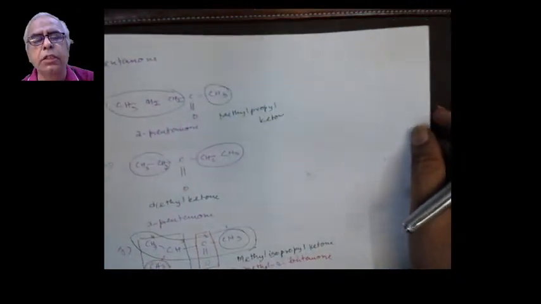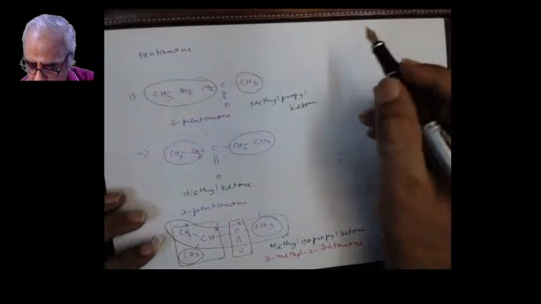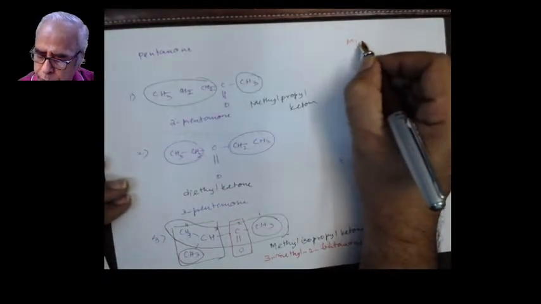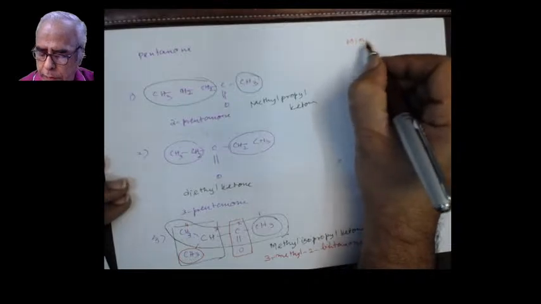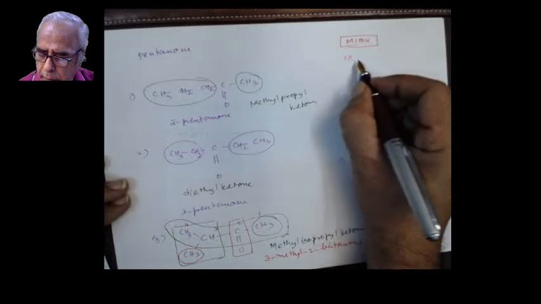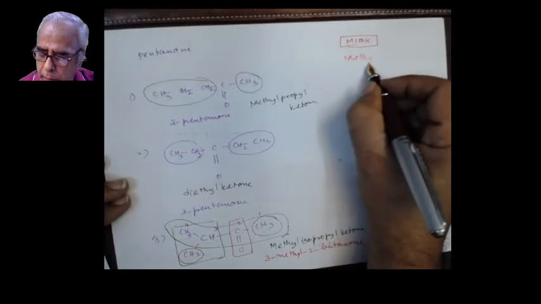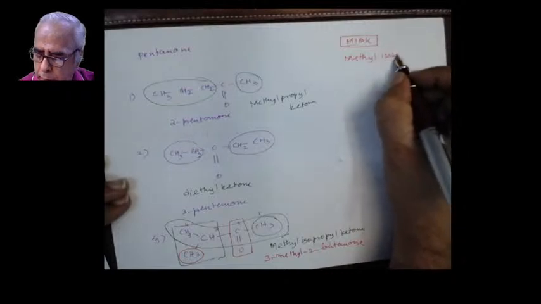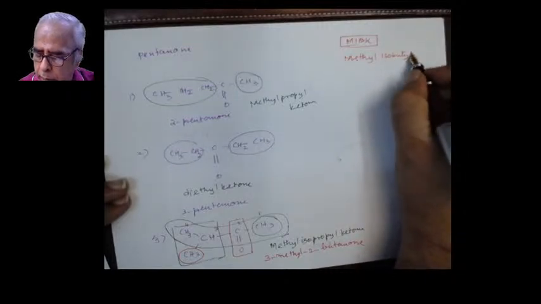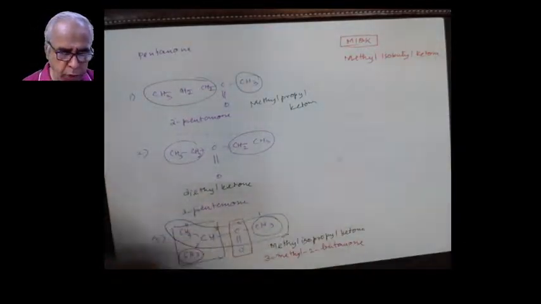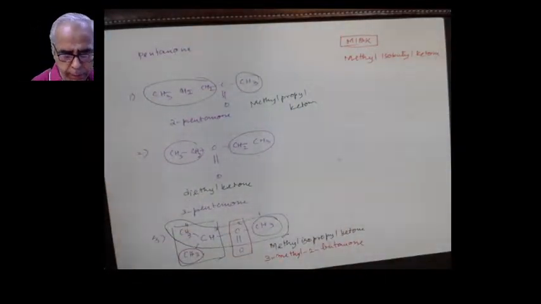Now let me introduce a very famous industrially significant solvent, which is called MIBK, methyl isobutyl ketone, the very famous solvent in resin and paint industries.